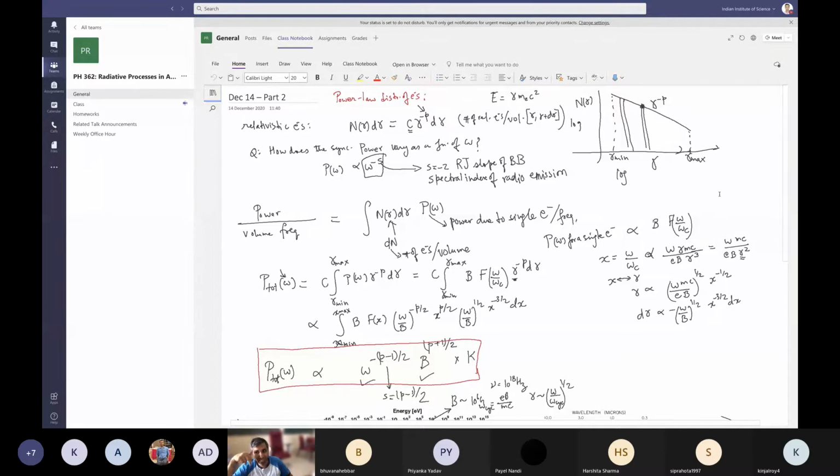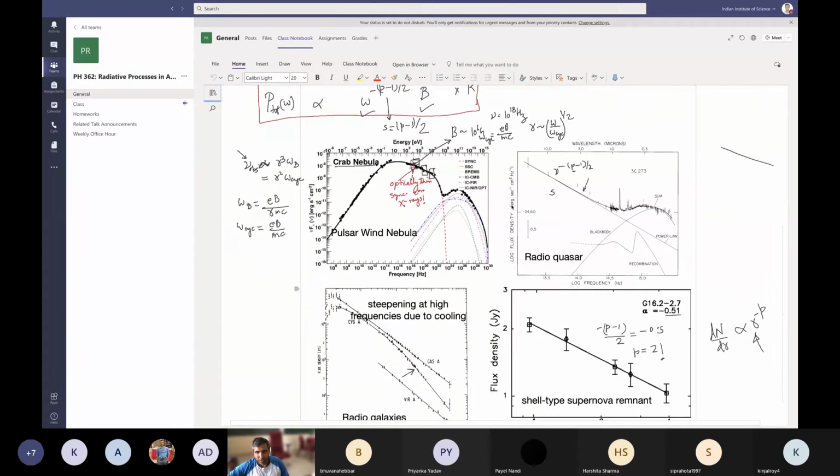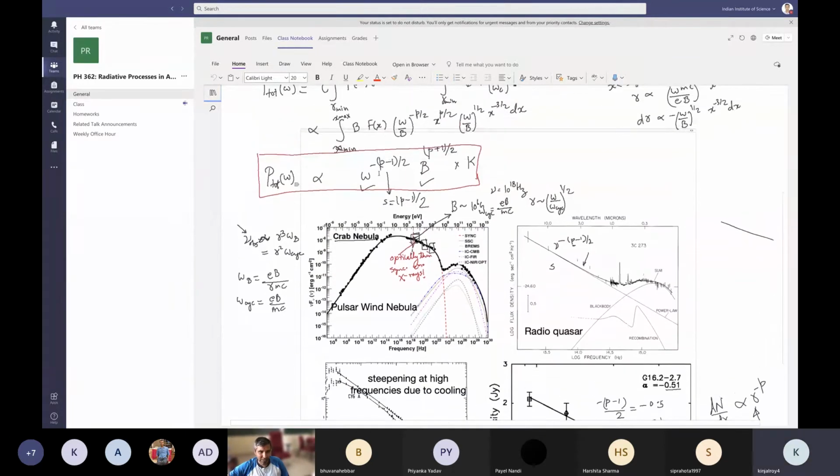This directly gives you a constraint on the theory of particle acceleration. Okay, so this is very useful. This formula has a lot of utility.